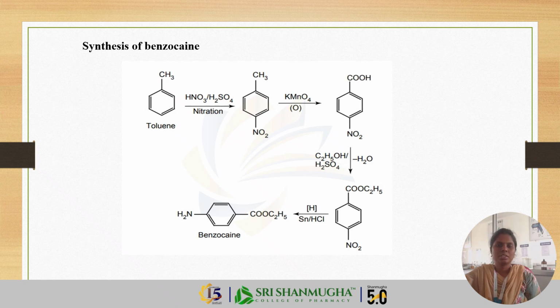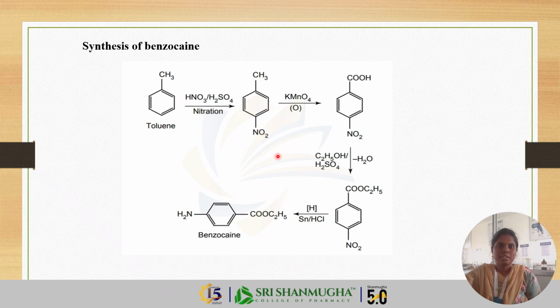Now, the synthesis of benzocaine. Let us begin with the starting compound, toluene. In the first step, toluene undergoes nitration using a mixture of concentrated nitric acid and sulfuric acid. This reaction introduces a nitro group into the aromatic ring, forming para-nitrotoluene as the major product.